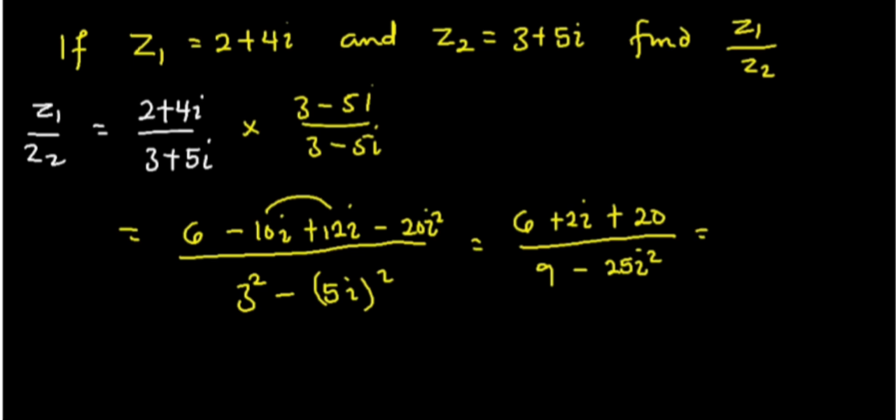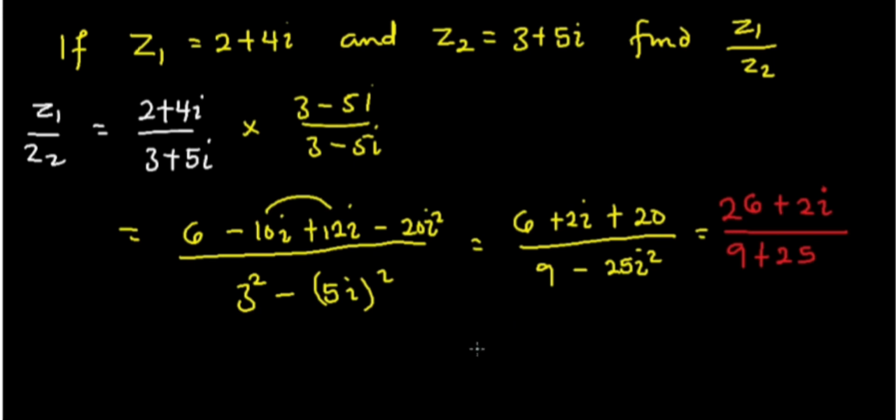Okay, in that case I'm going to be having something like this: 26 plus 2i, okay, over 9 minus i squared is minus 1, so minus 1 times 25, that's plus 25 in this case. All right, that's plus 25.